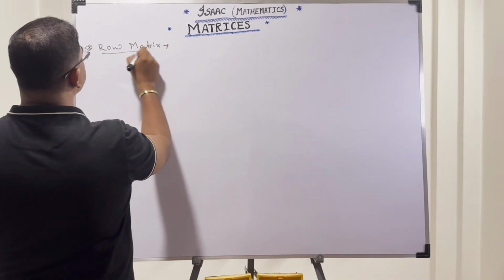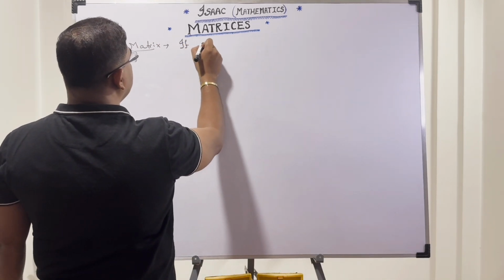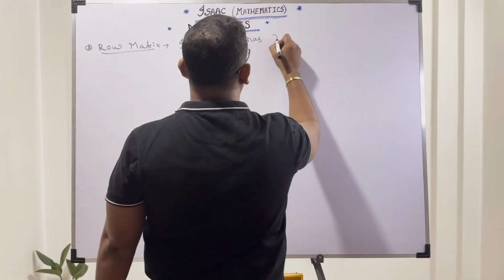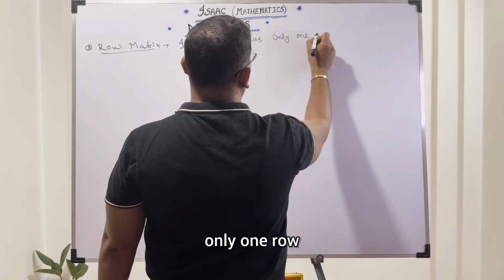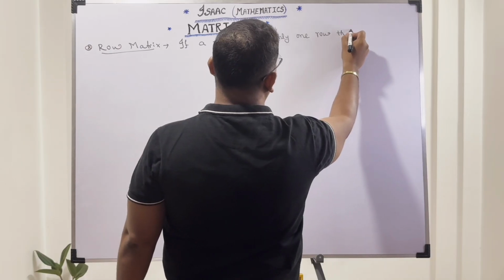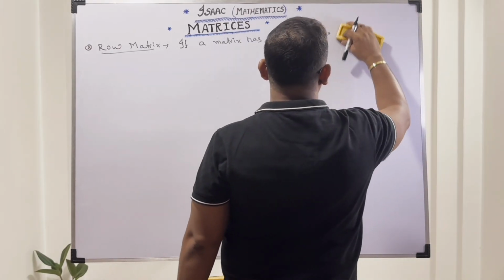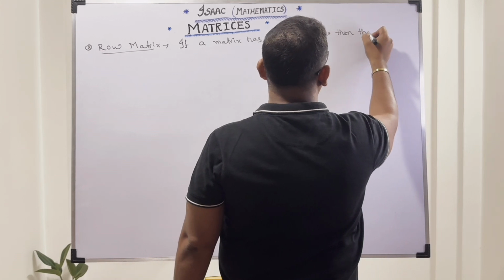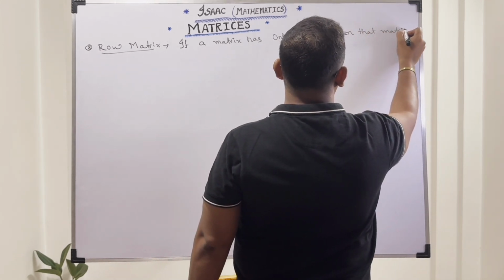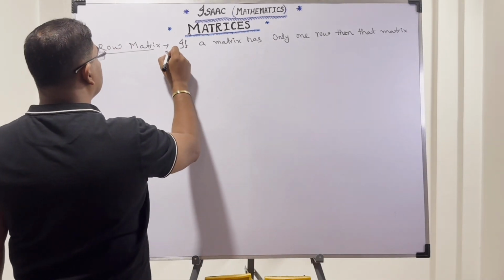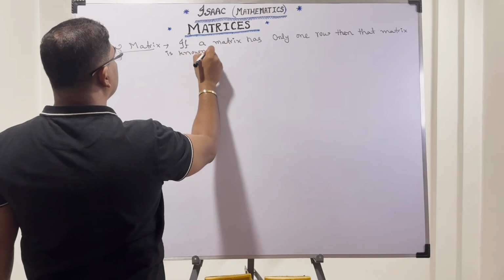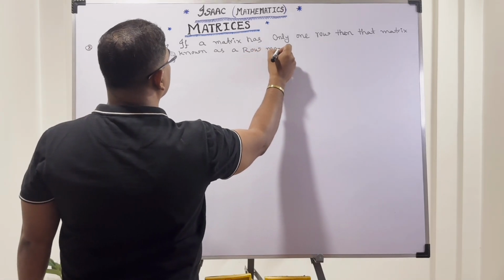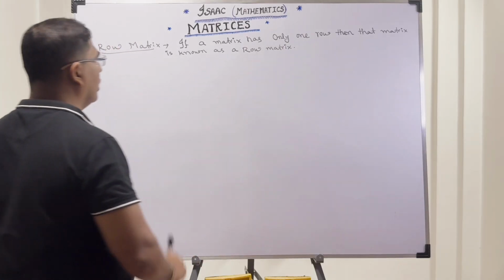Row matrix. If a matrix has only one row, then that matrix is known as a row matrix.